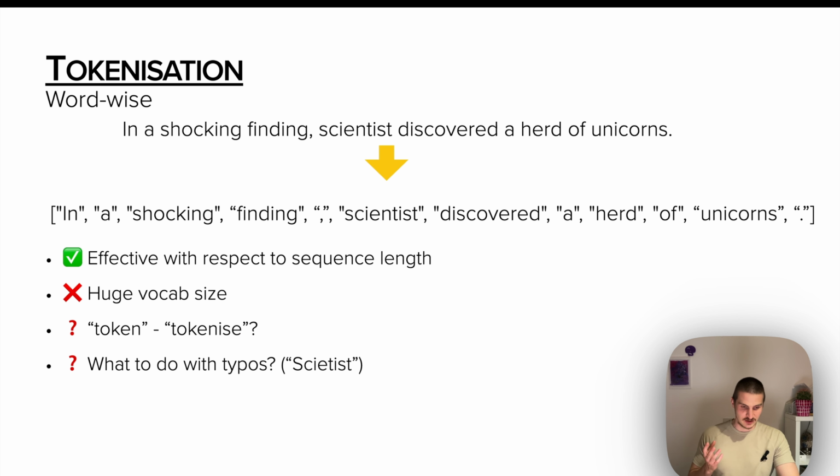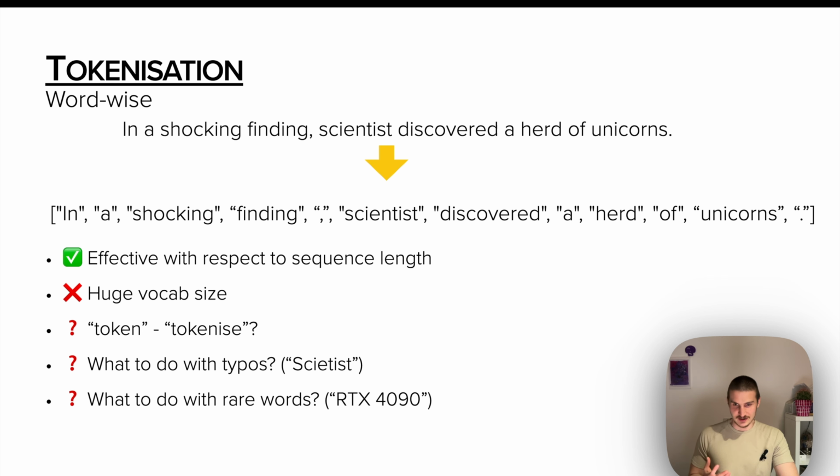Another potential problem here is typos. If you type scientist with a typo instead of scientist, it will be a completely different word. And if it's a rare typo, the model might not be aware of that, or if it's a frequent typo, it'll just not get connected to the initial word. Then you'd obviously have rare words, and in our case, with internet, with search, you'd often see words like RTX 4090, so names of computer components, names of models, names of games, movies, and so on.